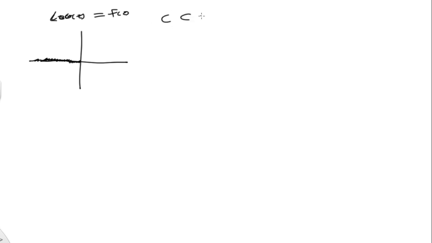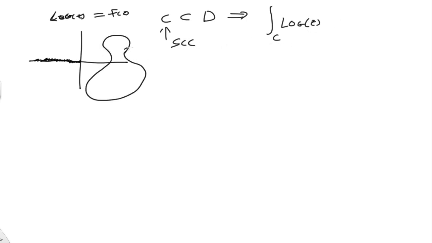And if I have a contour that lies entirely in D, I know that the integral of log of z dz, over a simple closed contour, a contour like this, has to integrate to 0, because this closed contour lies entirely within the domain, and it doesn't enclose any points that are not.